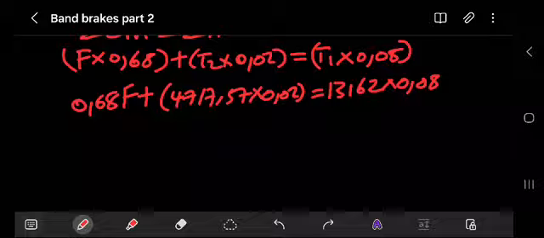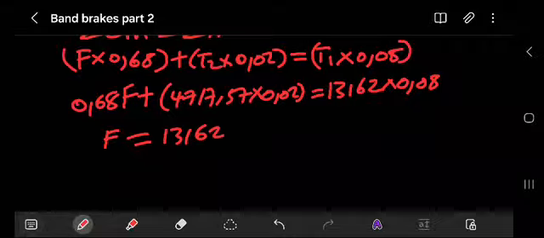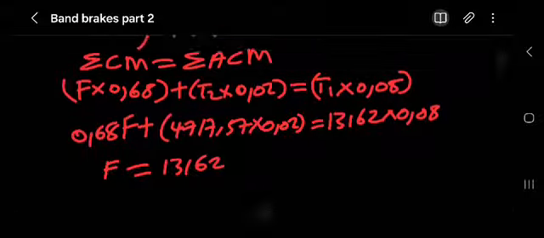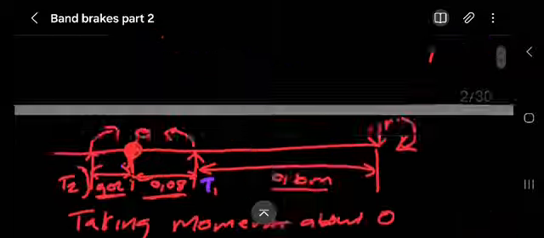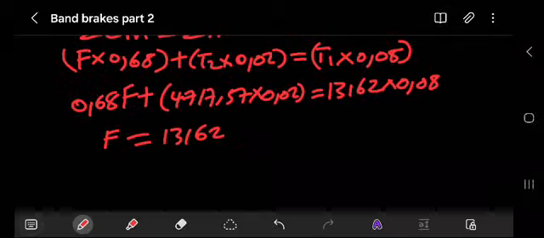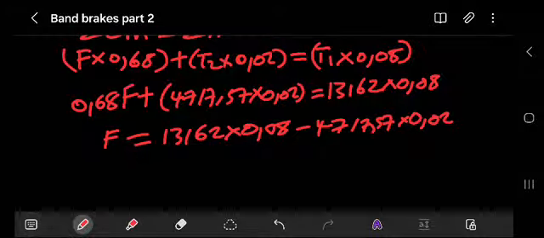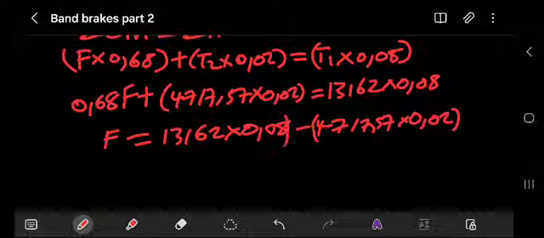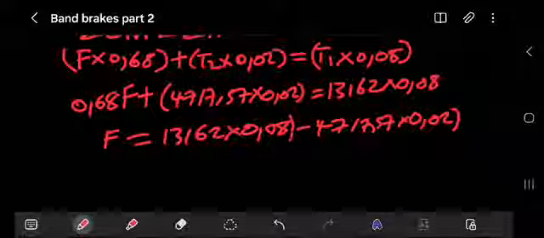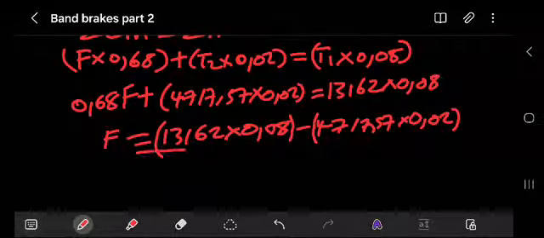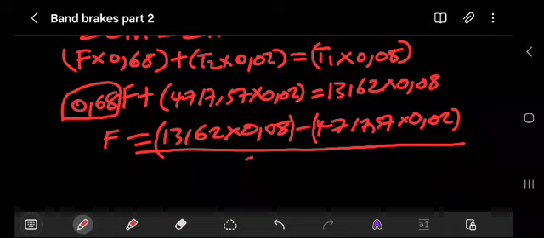Then F will simply equal 13162 times 0.08 minus 4717.57 times 0.02, divided by 0.68.